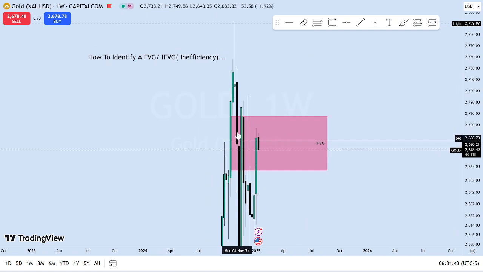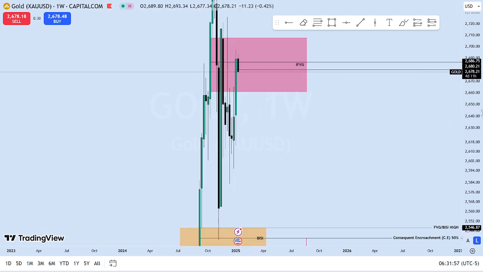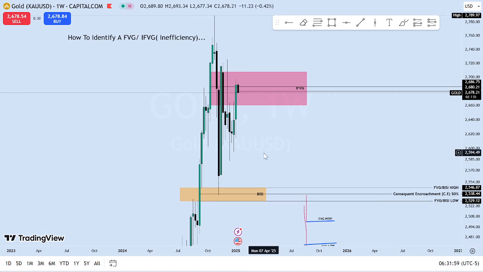This is the candle that breaks below the consequent encroachment. This candle coming to the consequent encroachment was rejected. You can see the wick there. That's a rejection block, because here it's now a major resistance, because we broke a support level there. It now turned into a resistance level.